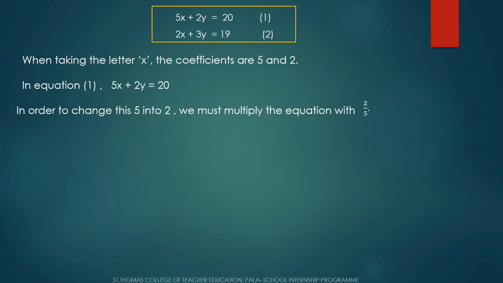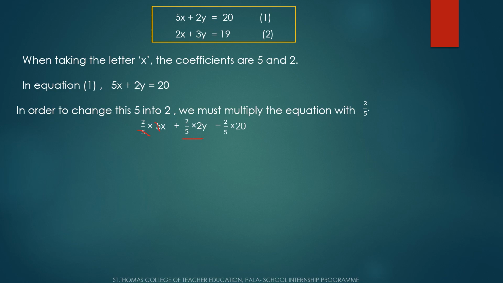Let's check whether we are getting the same. So what will be the first step? Yes, 2 by 5 into 5x plus 2 by 5 into 2y equal to 2 by 5 into 20, isn't it? Now tell me, what is the next step? Yes, we can cancel this 5 and this 5.